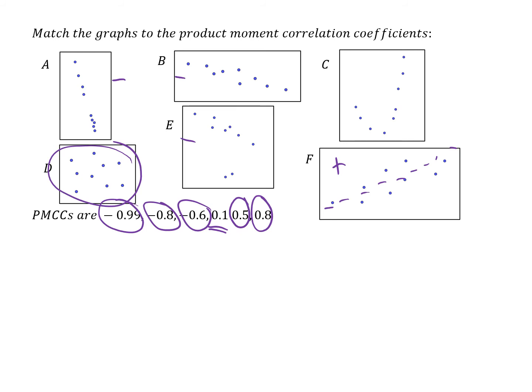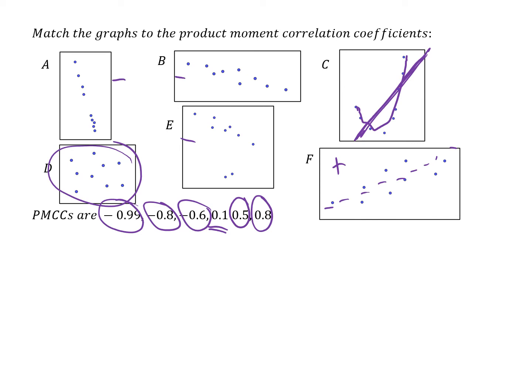There seems to be an awful lot of correlation, but not to a straight line. It looks as if it might be some kind of quadratic. But if you tried to get a straight line as close to those points as possible, it's likely to be something like that. So that one would be, in my book, positively correlated.